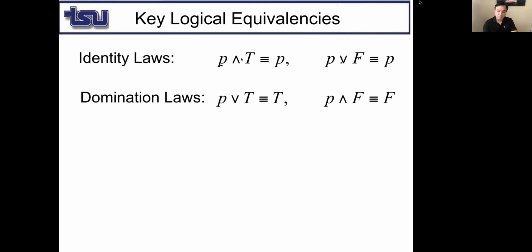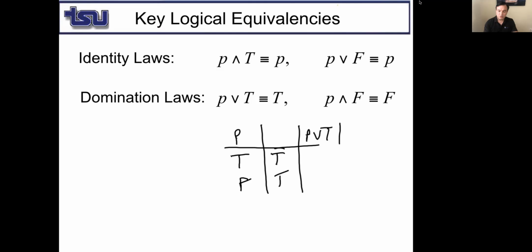Domination law. Well, P or true is true. If we have one true, regardless of what P is, if you connect P with true via an OR operation, you get what? True. So if you don't see it immediately, you can always construct what? Truth table. You have P can be true or false, and then you have true, and this is P or true.